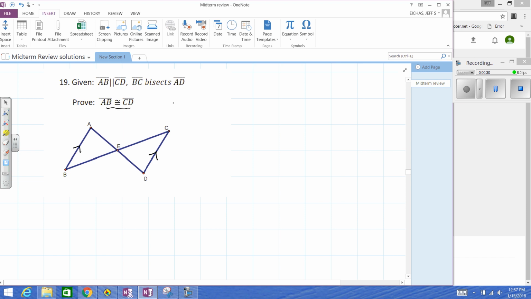BC bisects AD. Now, we know that AD is two equal parts. Can't be certain about anything else, can't be certain about BC, but we can be certain about that.